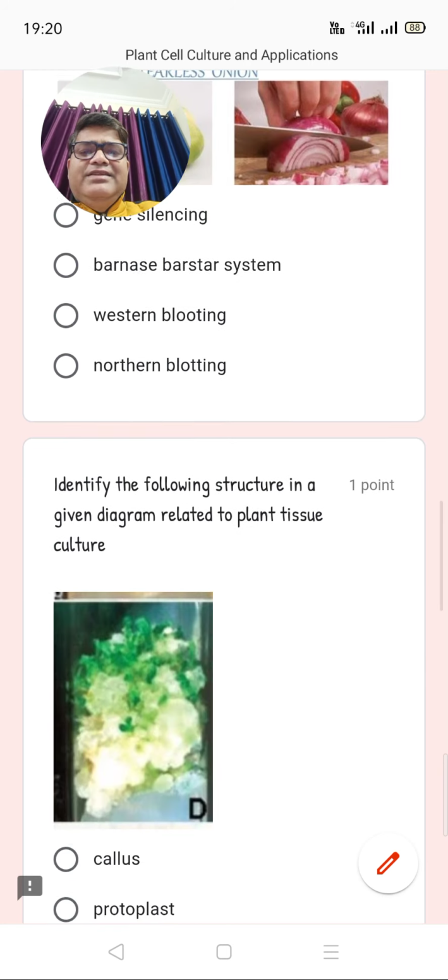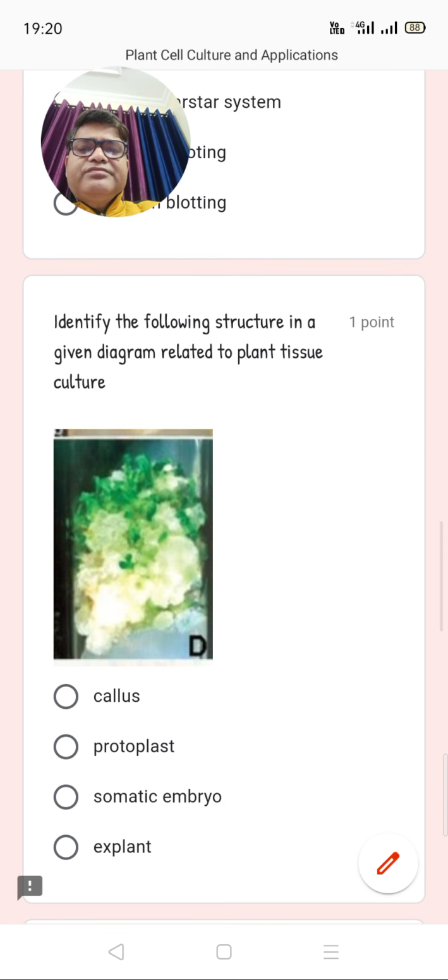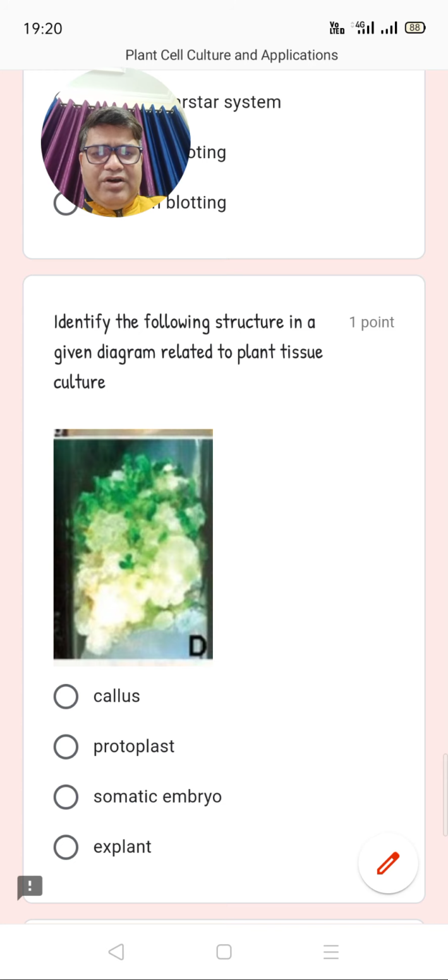Yes. Next question. It is also related to diagrams. Nowadays in many competitive exams, diagram related questions are asked, and even CBSE asks this type of question. So identify the following structure in the given diagram related to plant tissue culture.